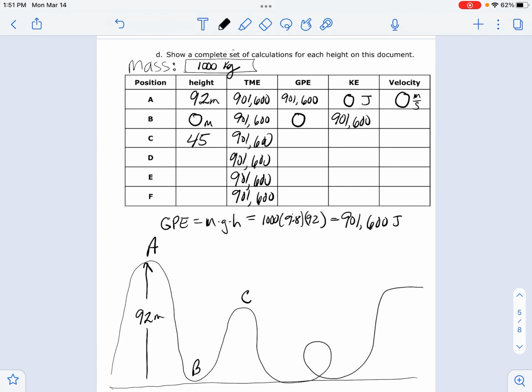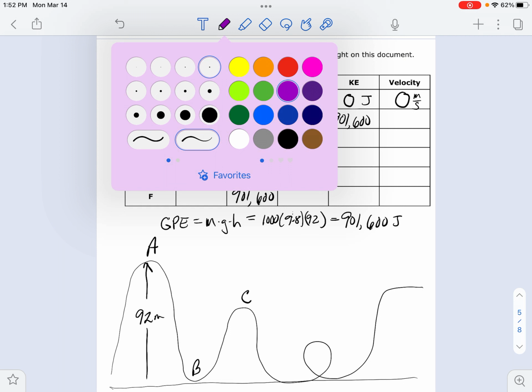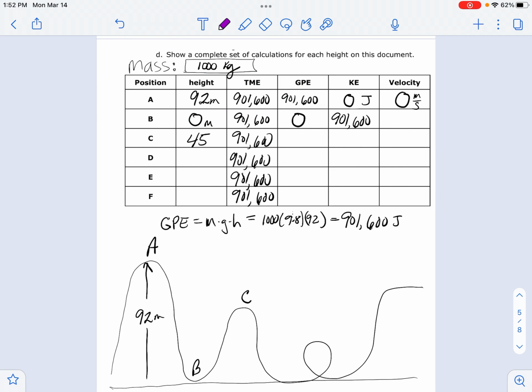And then let's go ahead and calculate at point C. At point C, my gravitational potential energy is mass times gravity times height. So again, I get 1,000 times 9.8, and at point C, I'm at 45 meters. If I multiply those three together, I get 441,000.